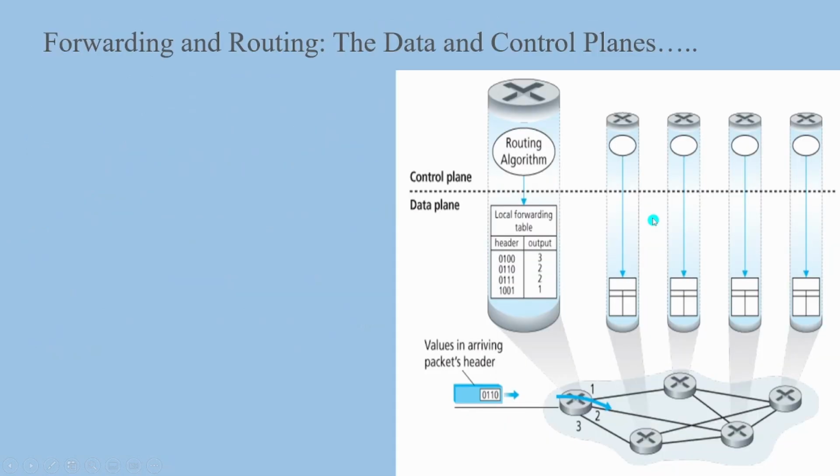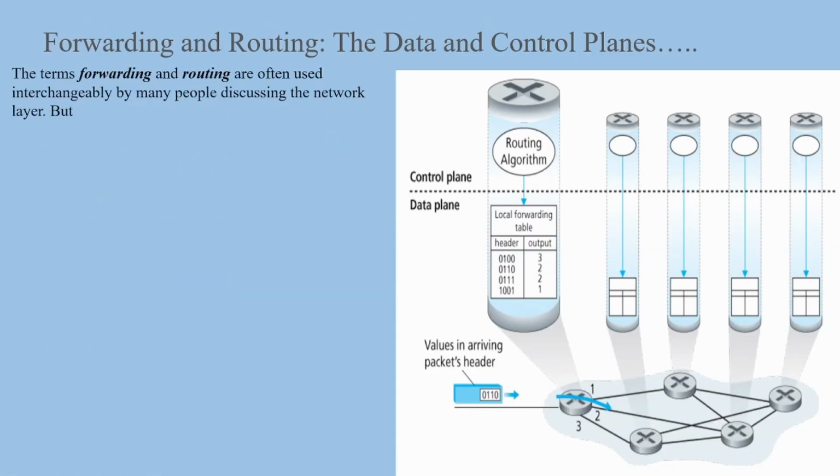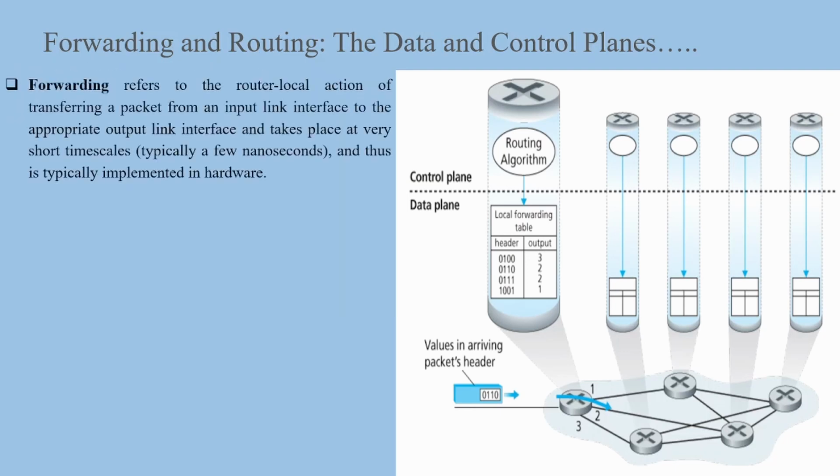The terms forwarding and routing are often used interchangeably by many people discussing the network layer. But forwarding refers to the router's local action of transferring a packet from an input link interface to the appropriate output link interface, and takes place at very short time scales, typically a few nanoseconds, and thus is typically implemented in hardware.